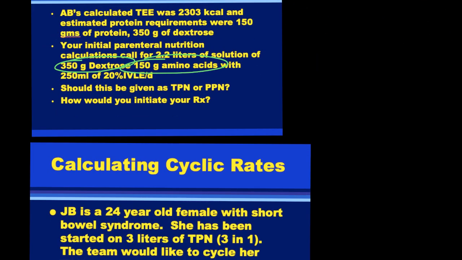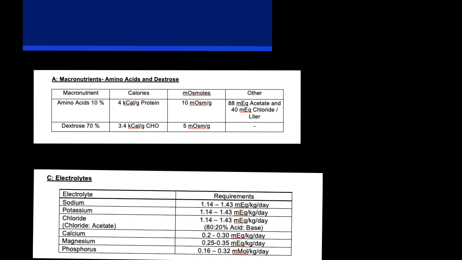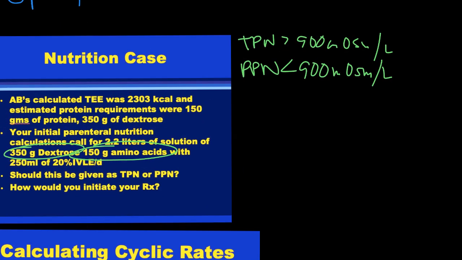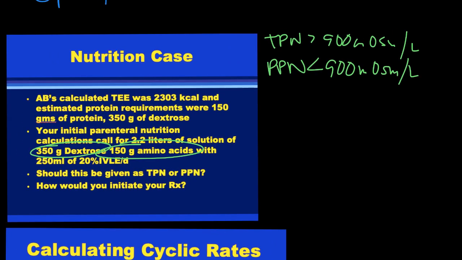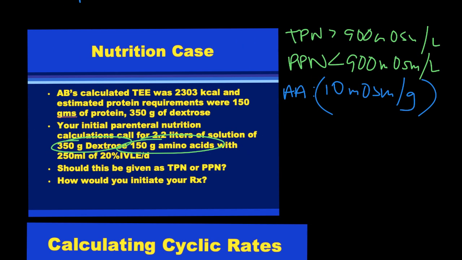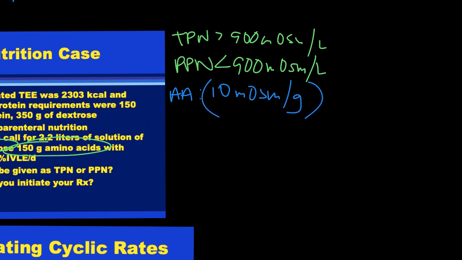So let's see. You know that amino acids have a 10 milliosmol per gram conversion, whereas dextrose is a 5 milliosmol per gram equivalent. So amino acids: 10 milliosmol per gram times 150 grams of amino acids.